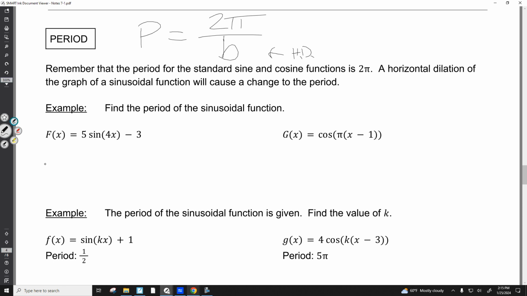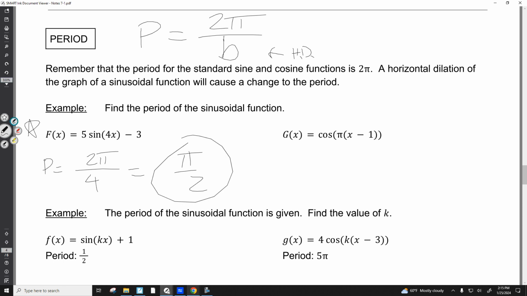Okay, what's the period of this? Everybody figure out what's the period of this. If I have a 4x, the period's usually 2 pi, but I have a 4, which means I'm horizontally dilating by a factor of 1/4. 2 pi over b, pi over 2 is correct.